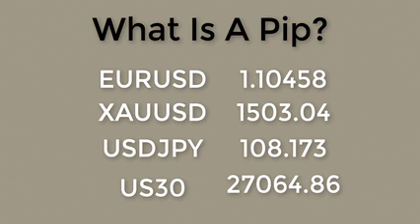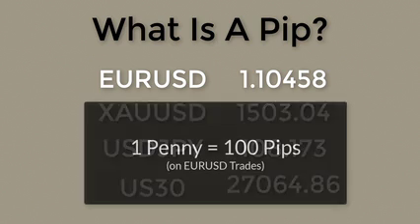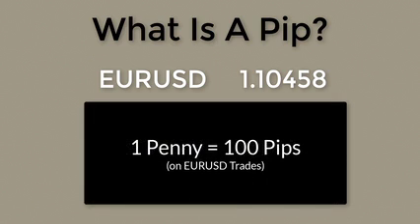A 1 penny movement is 100 pips for you and I. That's a huge movement, right? Just to give you an example, if that went from 110.458 to 111.458, that's a 100 pip movement. That's a very big movement on euro dollar. But again, that will all become second nature for you as you spend more time with us.